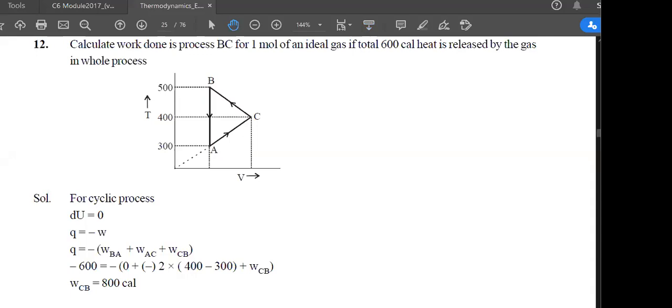Okay, everyone. So I guess all of you have understood this problem. Now we will solve some problems from our module.